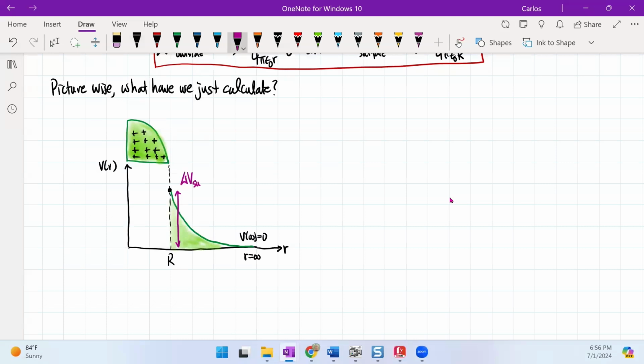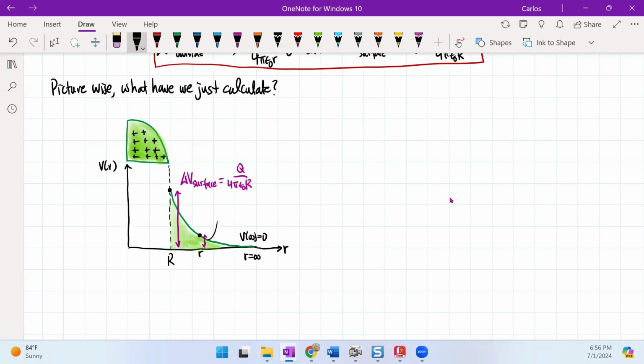And we say that this height right here, if we calculate this voltage, the voltage height at the surface is equal to Q over 4 pi epsilon big R. But if we only make it to right here, then that depends on the location of little r. So this height is smaller.